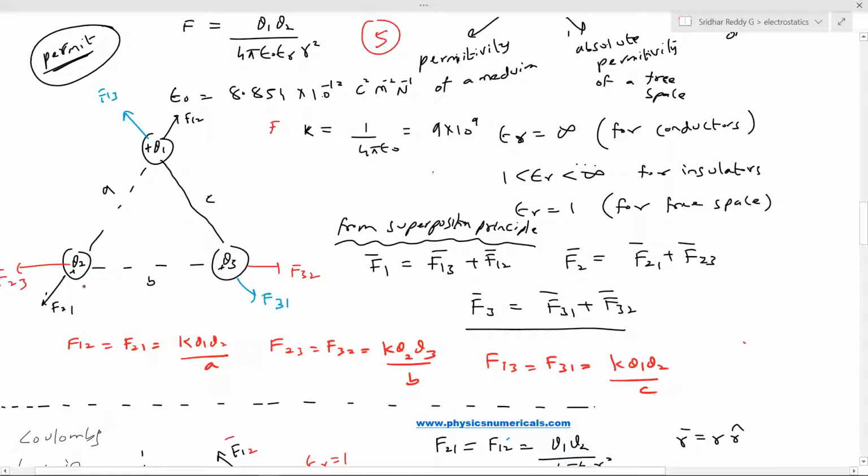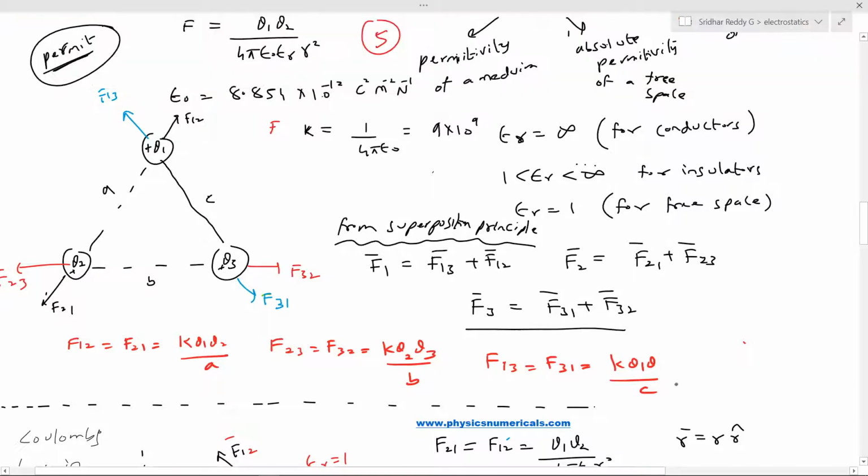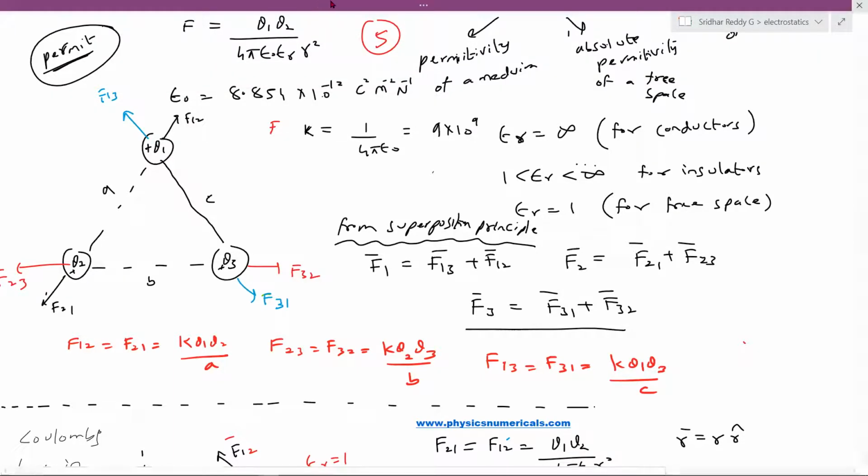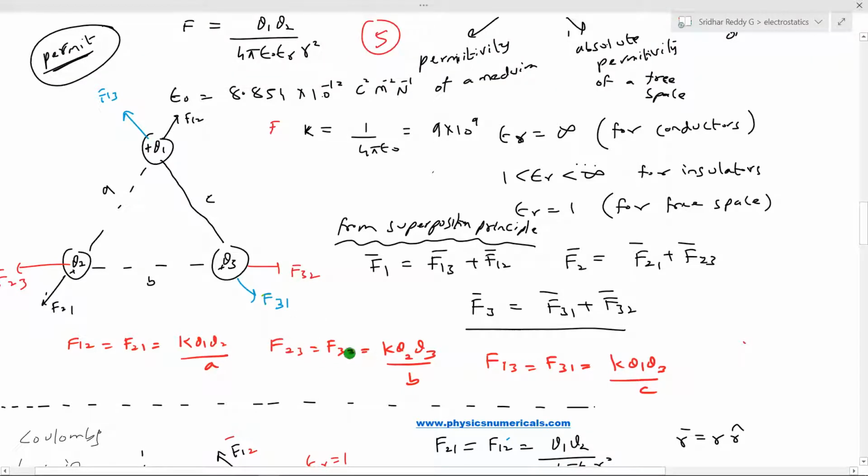Similarly, the force of interaction between 2 and 3 is independent of Q1. Nowhere is Q1 there in this equation. And similarly, when 1 and 3 are interacting, the presence of Q2 will not matter.